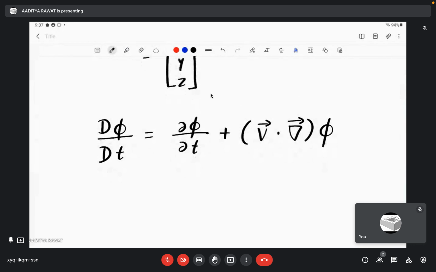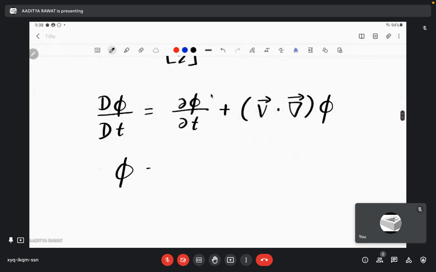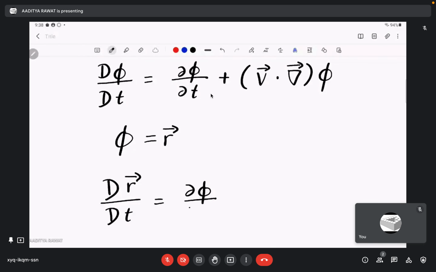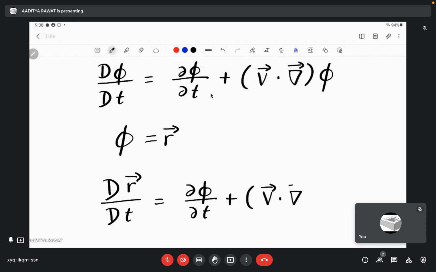So now if we take phi equal to r, that is if we take r as phi, then Dr by Dt would be equal to del r by del t plus v dot del operator r. This is r as well.